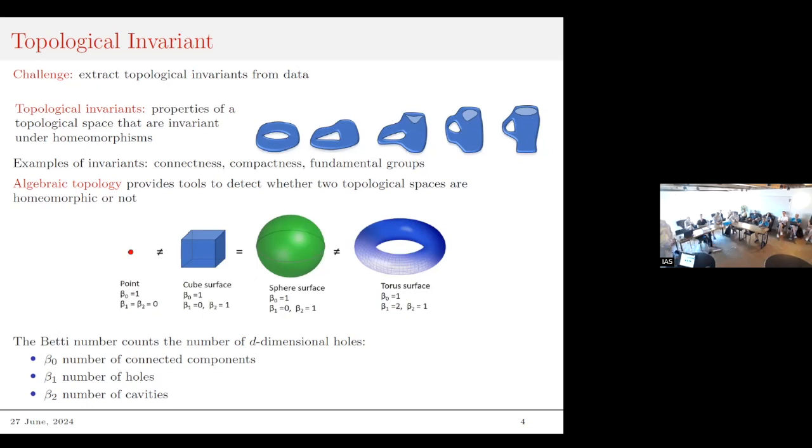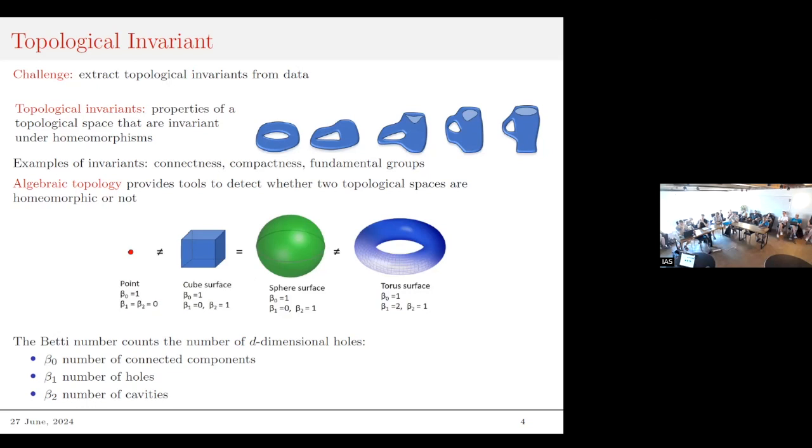For example, if we consider this particular invariant, the Betti numbers, we can observe that a point is different from the cube surface, because in the point we have one connected component, no holes, and no cavity.